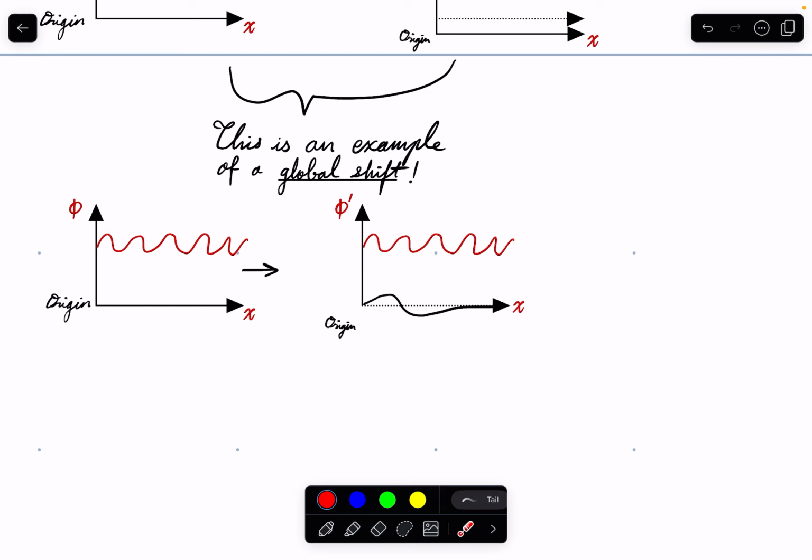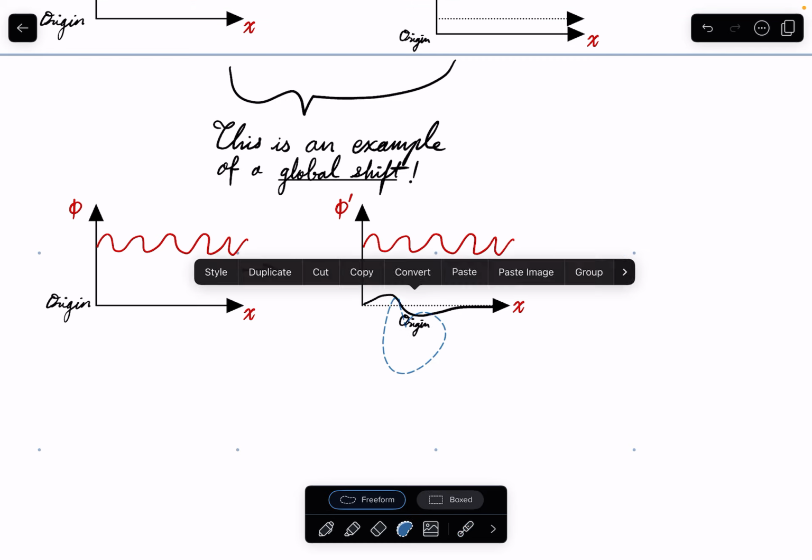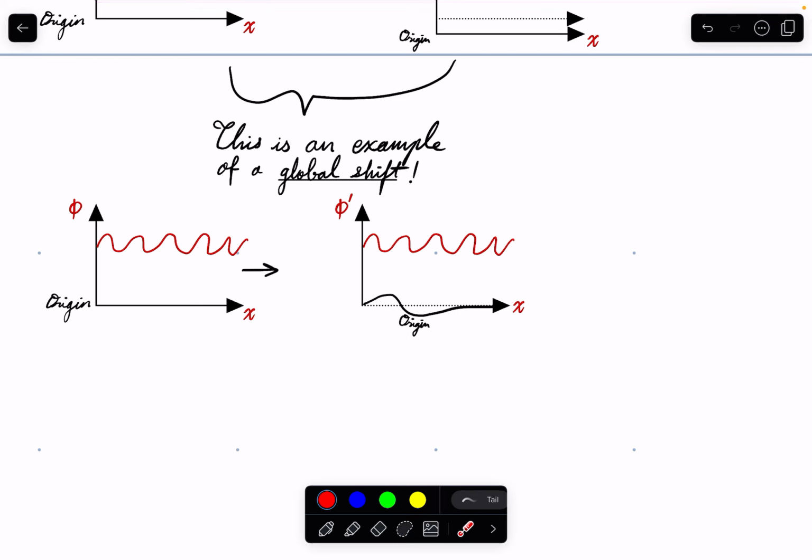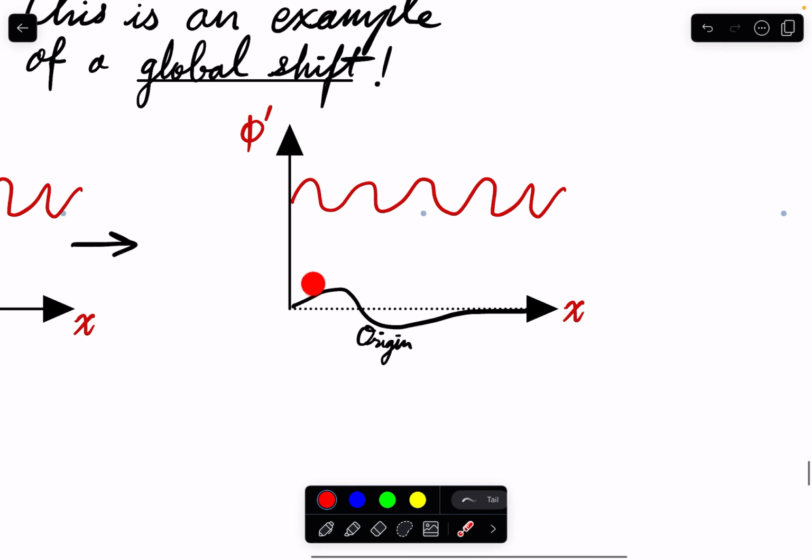So you can see that at phi prime, if this line right here is the origin for each point in space, then the difference is going to be different. For example, you have this distance right here versus this distance right here. You can see clearly that even though they should be the same value, they look different because they have different origin systems.